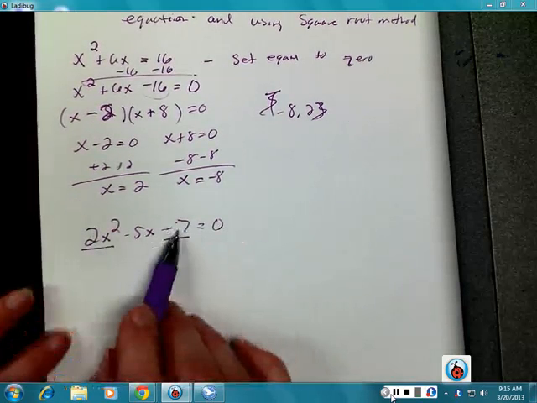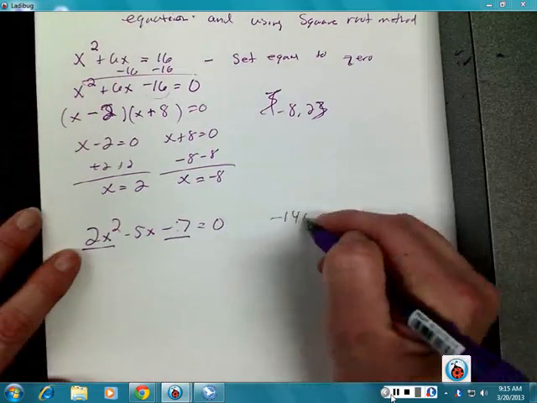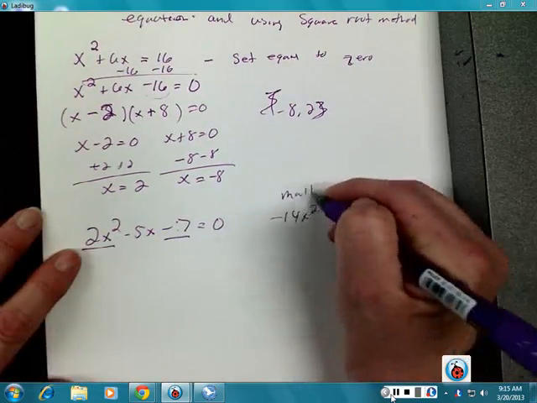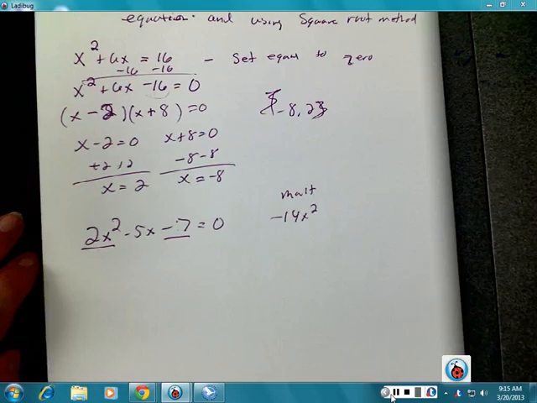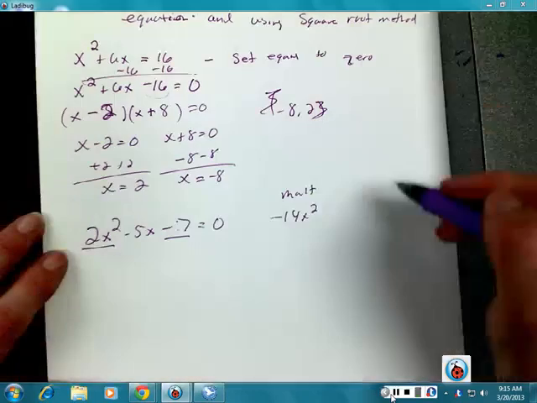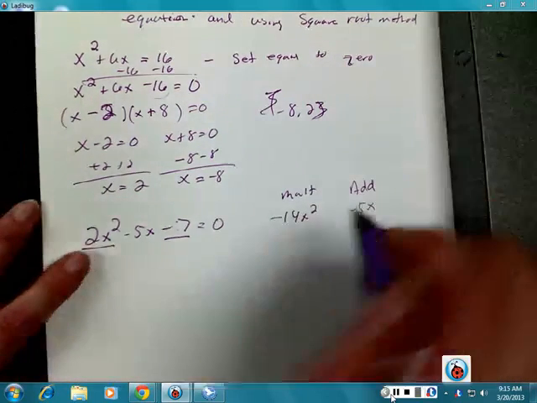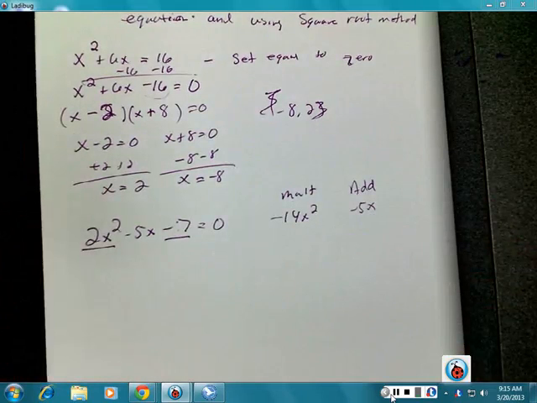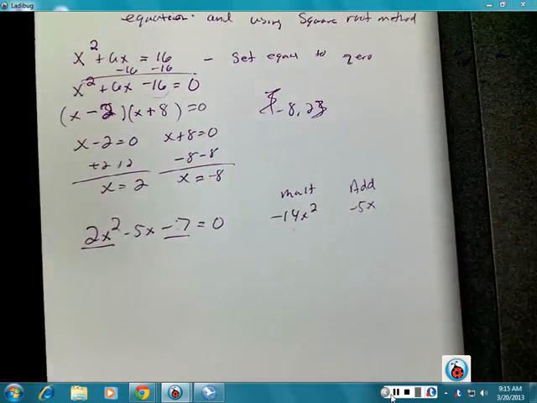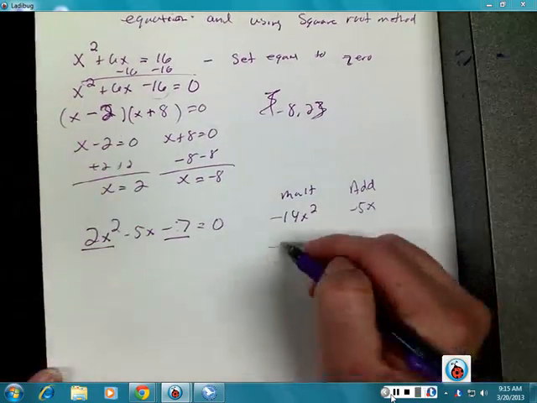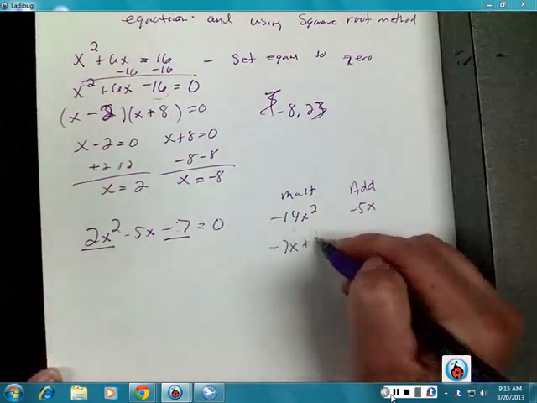2 times a negative 7 is a negative 14x squared. So I need things that multiply to give me a negative 14x squared, but add to give me what? What do we want to find? Negative 5x. Yep. So what would they be? Multiply here, add here. Negative 7x and a positive 2x.